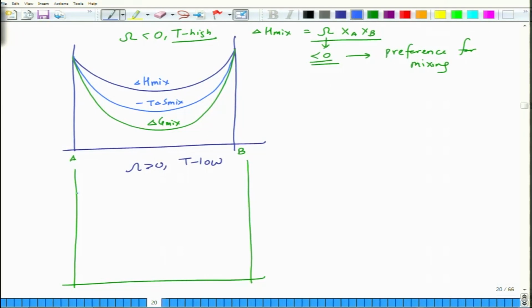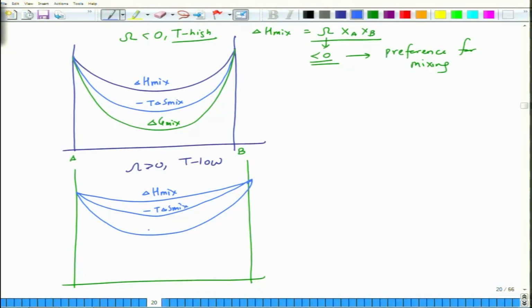So, your delta H mix is like this, minus T delta S mix is like this, and your delta G mix is like this. So, this is delta H mix, minus T delta S mix, and delta G mix. And there could be a scenario where delta H mix is positive. So, in this case omega is not very large, delta H mix is almost flat or sort of becoming positive.